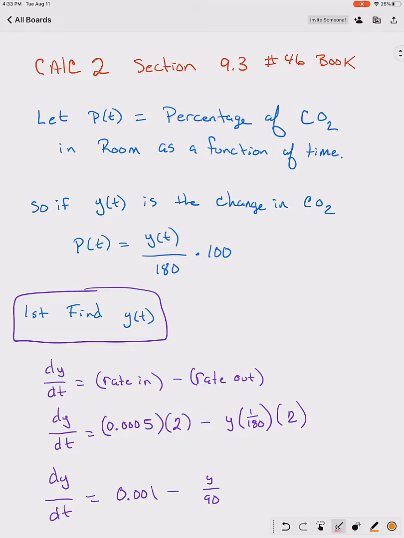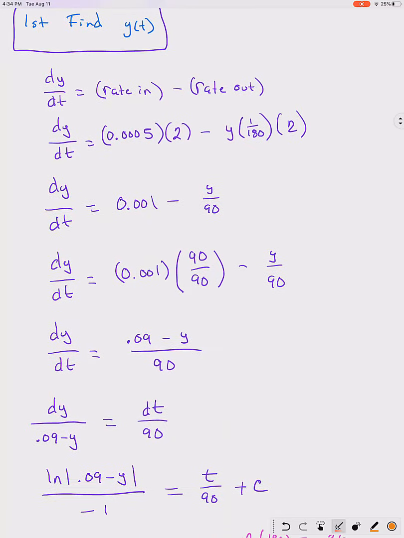If Y is the change in the carbon dioxide in the room, then P of T equals, well, I take the carbon dioxide and divide it by the volume of air in the room, which is 180, and multiply that by 100%, and that would be my percentage. So first I need to find the actual amount, and I'll call that Y of T. When I'm finished with it, I'll divide it by 180 and multiply by 100.